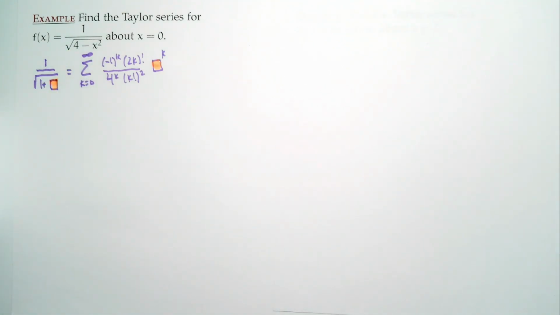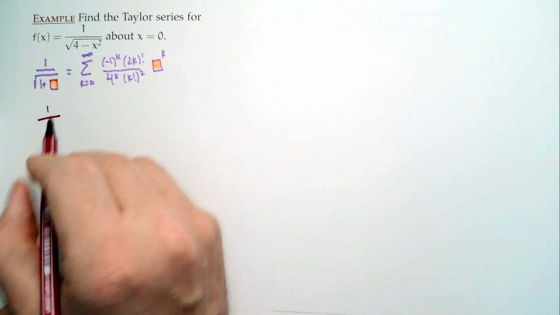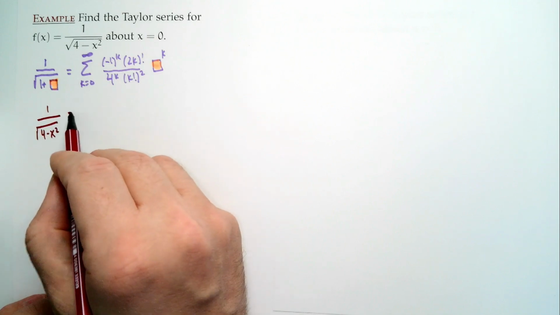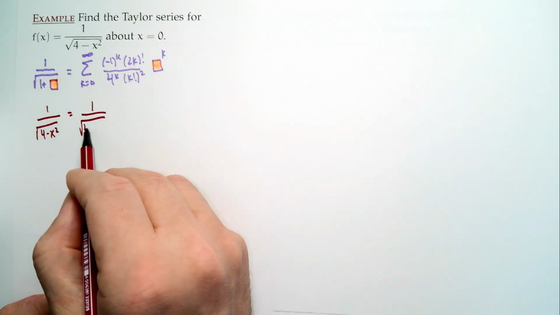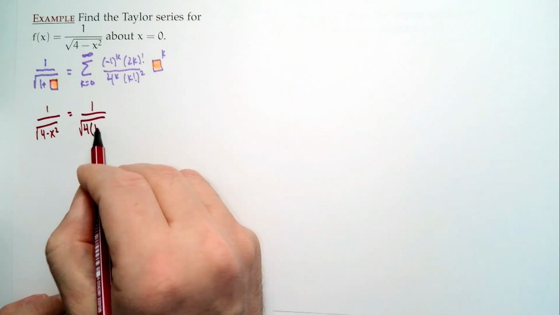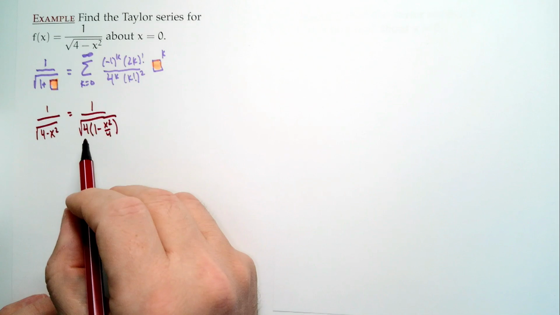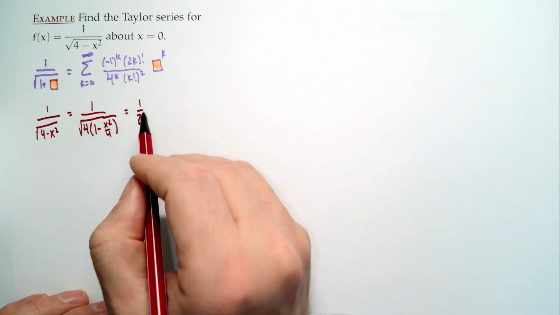Well, we can do the following. We can say that 1 over the square root of 4 minus x squared. What we'll do is we'll do some factoring. And we'll write this as square root of 4 times 1 minus x squared over 4. And because 4 is a constant, I can think of this as the square root of 4, which is 1/2.